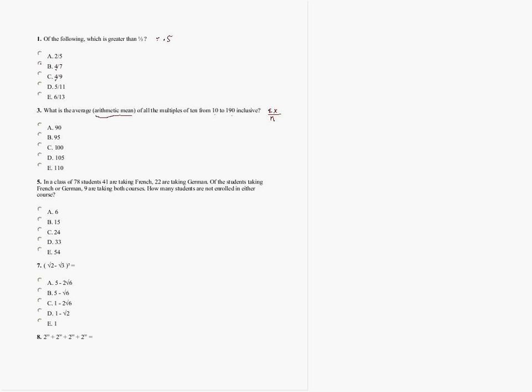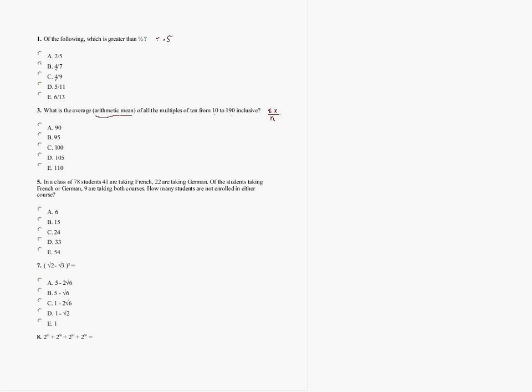Now, okay. So how are you going to do this? Multiply 190 by 10, and then wait, no. Or yes, multiply 190 by 10 and then divide by 19.